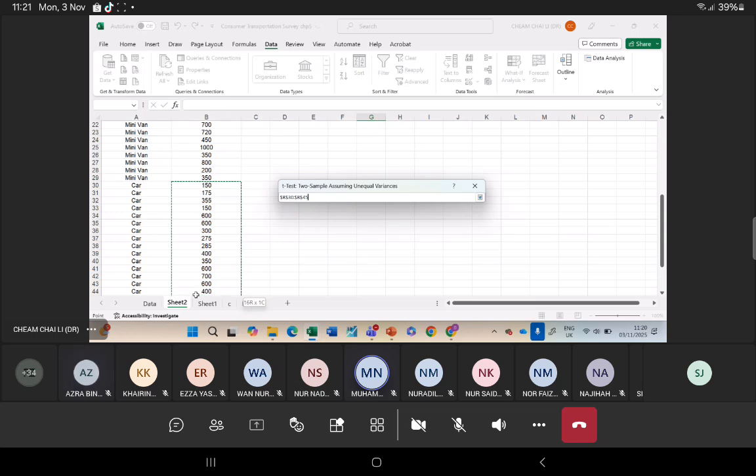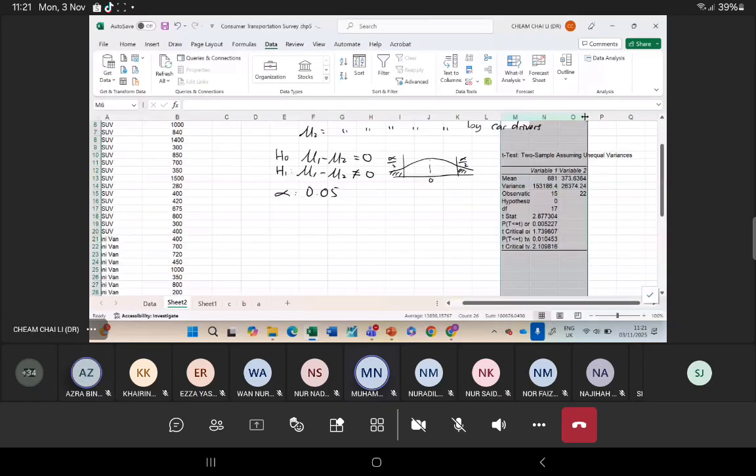Okay, you boleh besarkan sikit, right, to enlarge it. Okay, and then you can change this to SUV drivers, and this is the car driver, right? So kita ada dua group. You see here we have two groups, SUV drivers and car drivers. And what you want to do, we compare on the mean.